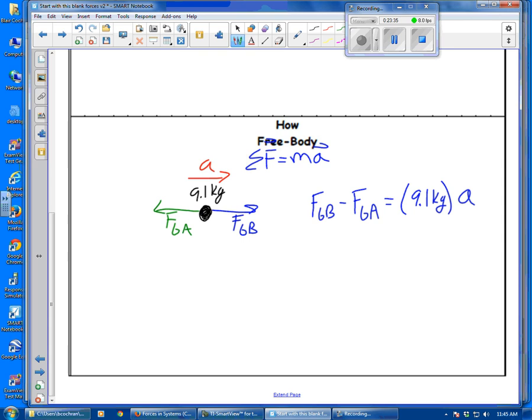And now I want to find A, so I know the weight of B is the mass of B times the gravitational field, minus the mass of A times the gravitational field. That's going to equal the 9.1 kilograms times the acceleration.